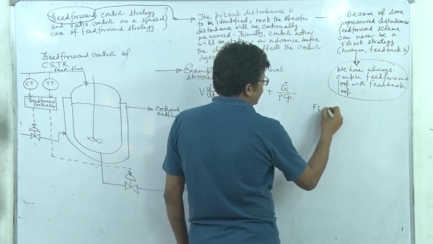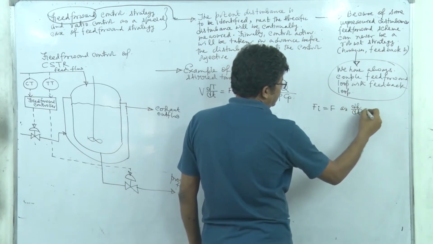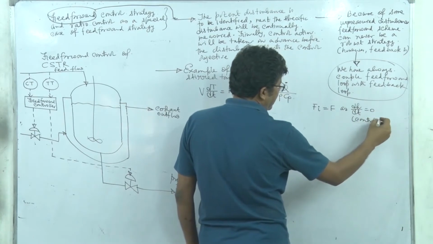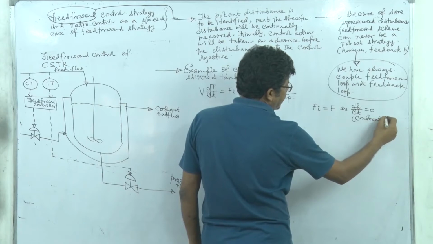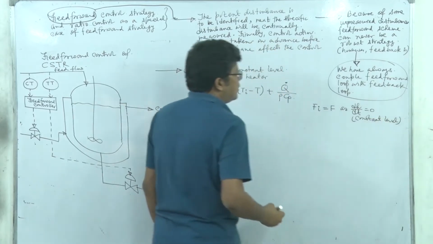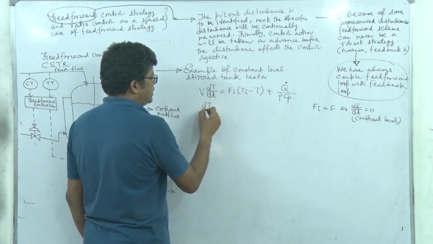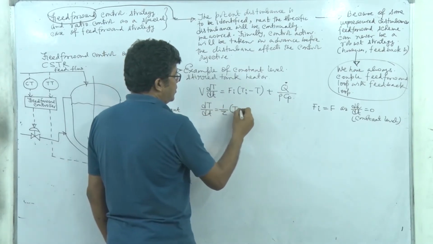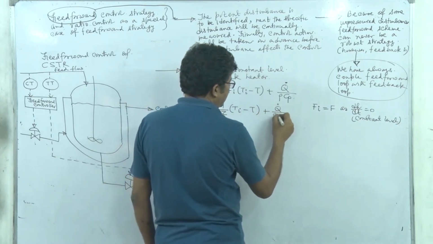Fi is equal to F as dH/dt equals 0, and that was the assumption of constant level. Okay? So you see this dT/dt, what you can have as Fi by V, which is 1 by tau, (Ti minus T) plus Q dot divided by rho Cp.